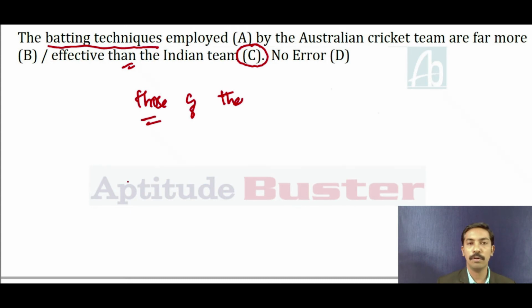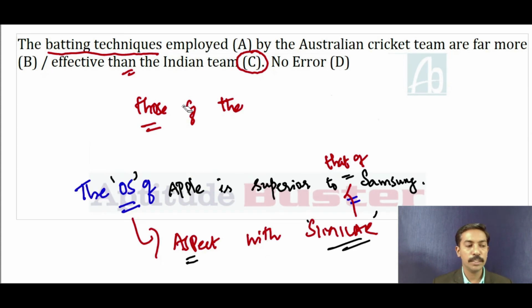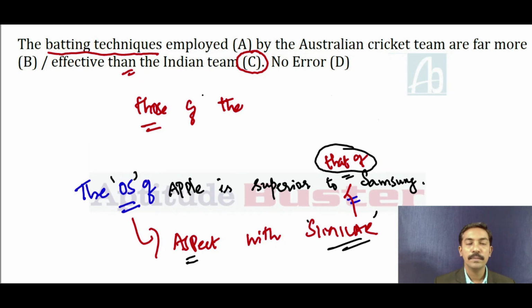Than those of. When I explained this logic to you, I gave you this example: the OS of Apple is superior to Samsung, and the correction we made is, since we are comparing the OS, the operating system, it has to be compared with the operating system of Samsung. Thereby the correction I said is superior to that of. You may have a doubt: when should we use the word that and when should we use the word those? Make it simple.